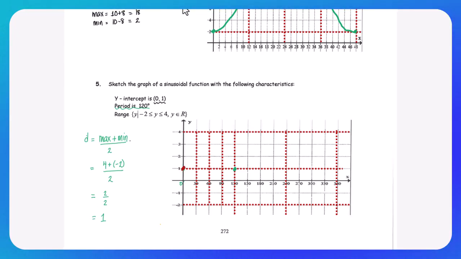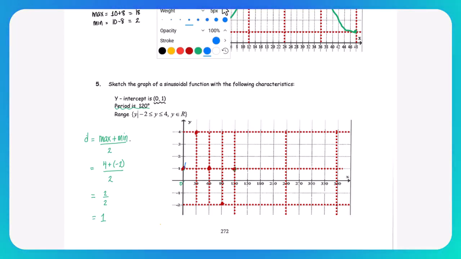That means if I start here and I end here, it's going to have to hit in the middle right here because it has to go up to here, down through the midline, all the way back to the minimum before it comes up again. So see how there's 4 sections and they're like mirrors almost of each other. So for instance, from here to here, let's make that thick so it's easier to see.